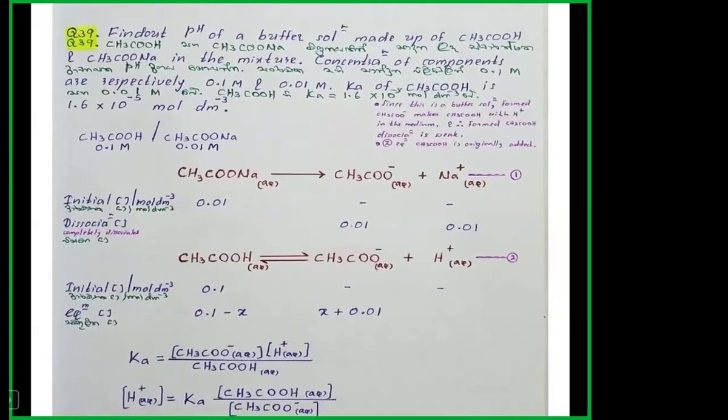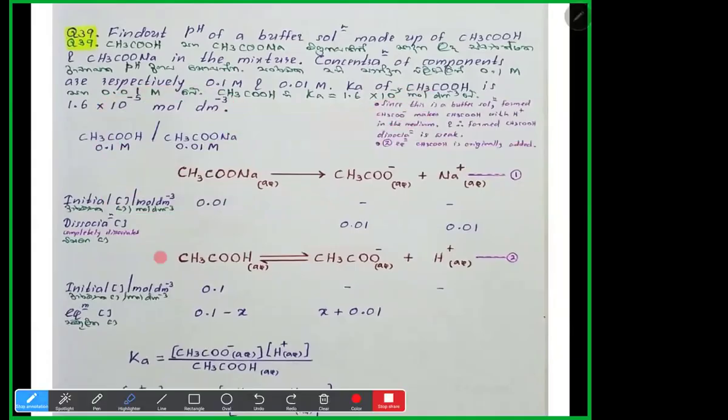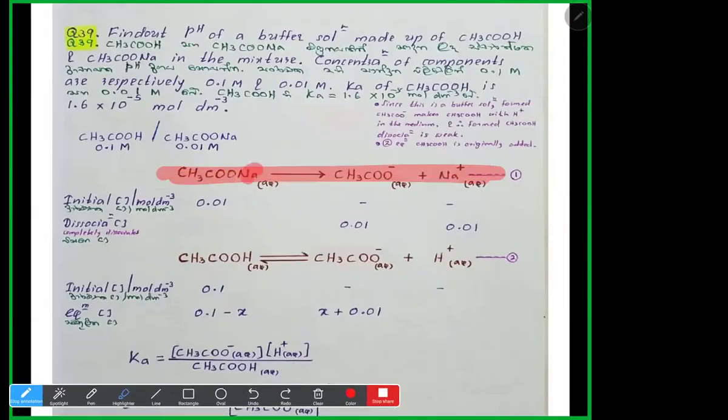We already talked about how to find pH or H plus concentration when you only have acid. Using initial concentration and Ka, we can find X, then we can find the H plus concentration. When you only have a salt, this is a spectator ion, so the weaker part is controlling the pH of the medium.